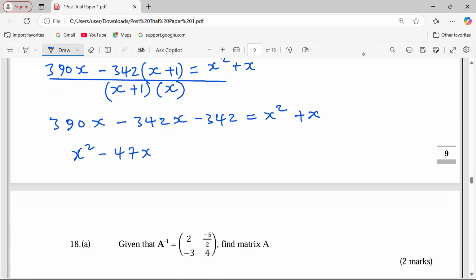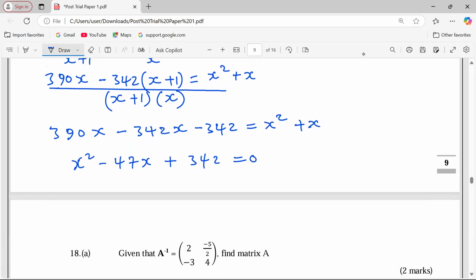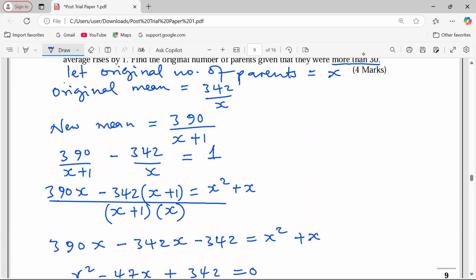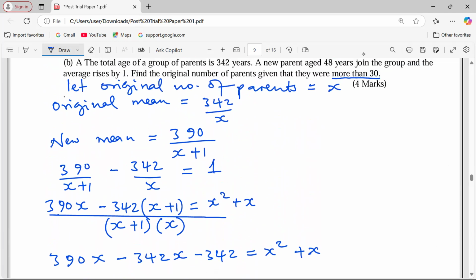That way. Then 342 will be added, the constant, to the other side. So this is a quadratic equation. We can solve it using one of the many methods of solving quadratic equations.